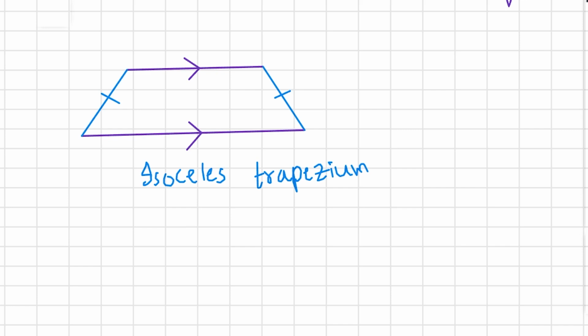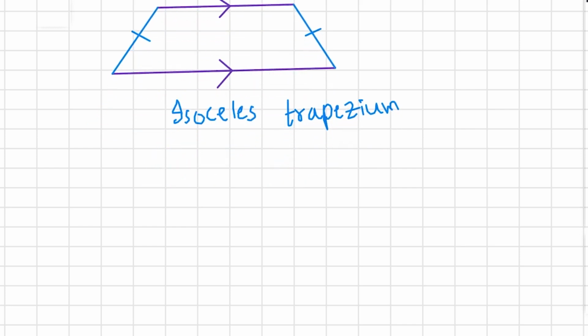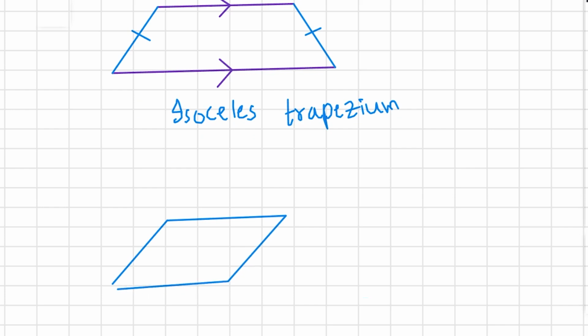If the opposite angles in a quadrilateral are equal, it's a parallelogram. Opposite angles. So for a parallelogram, this angle should be equal to this angle, and this one to be equal to this one.